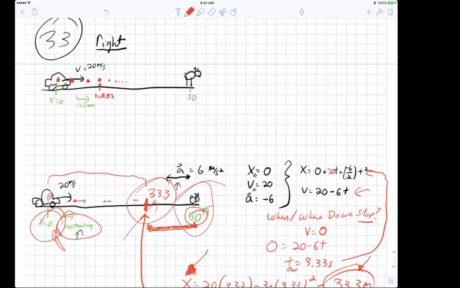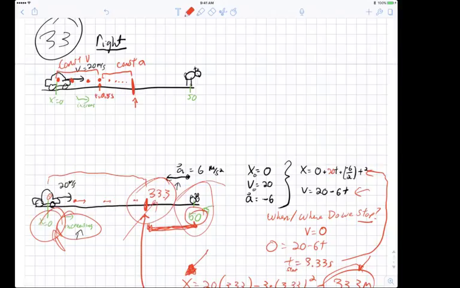Okay. So for the first bit, you're moving with constant velocity. And then for the second, you're going to decelerate. So the question is, where's this final stopping point?